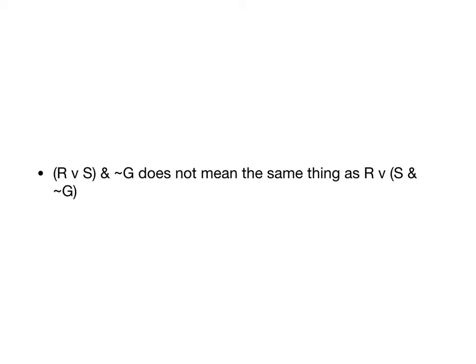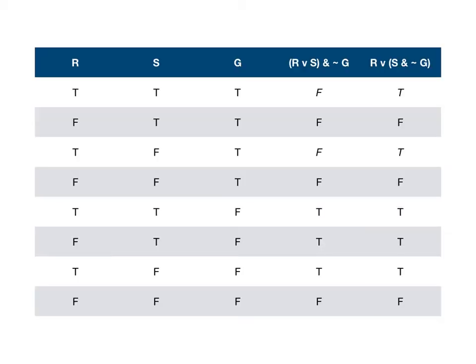This first one, R or S inside parentheses and not G, doesn't mean the same thing as R or S and not G in parentheses, right? This is different because we read the parentheses first and we treat it as one letter. Let me give you guys an example of how these two come apart.